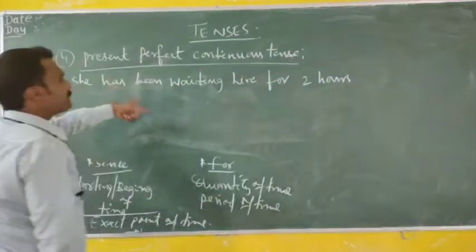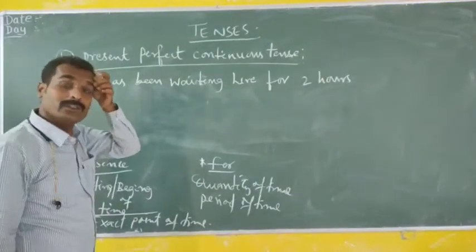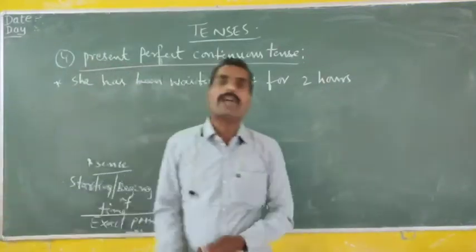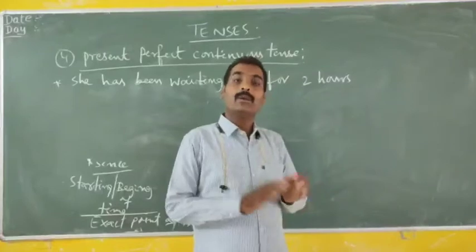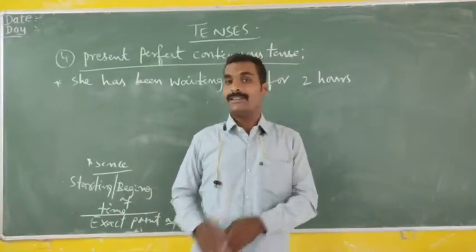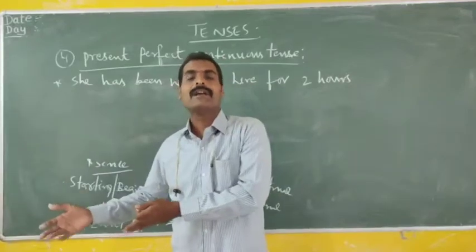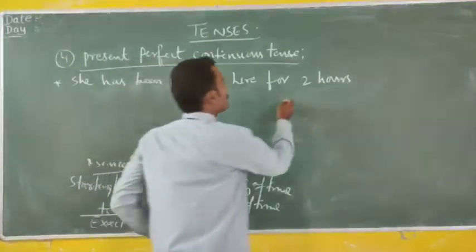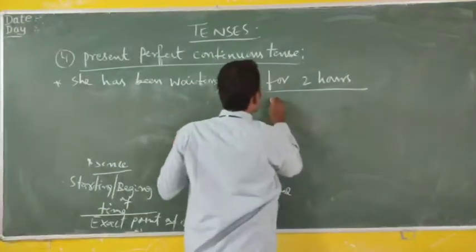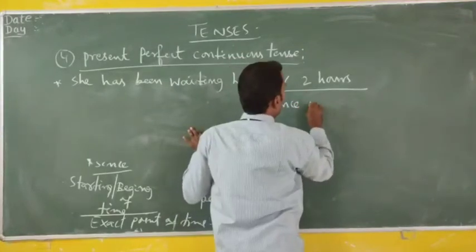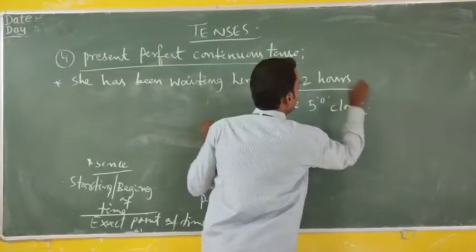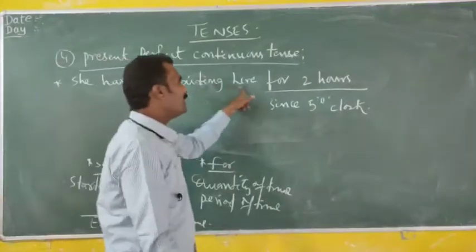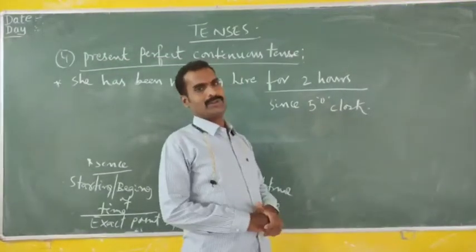She came here some time before, and she is still waiting here, which means her waiting started in the past and is still continuing in the present. Using since, we say: She has been waiting here since 5 o'clock. To give an exact point of time we can use since.